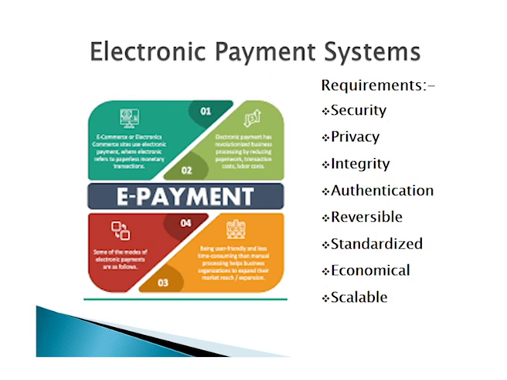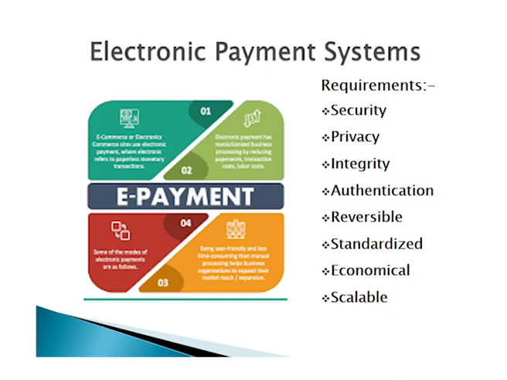I am the authorized person. If I am doing that activity, that activity should be in my transaction name and that product should be delivered to me only. That's why you have a shipping address and billing address in your online transactions. And other requirements are reversible, standardized, economical and scalable. So these are the other kinds of requirements.